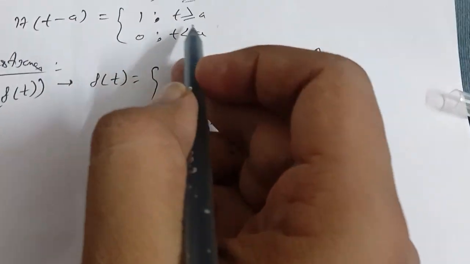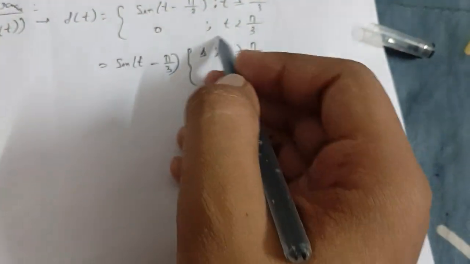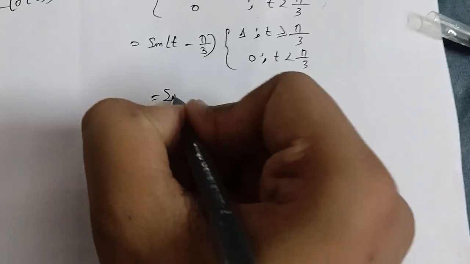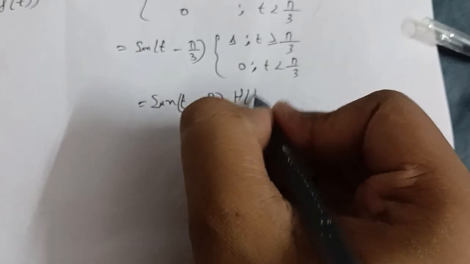So the function is sine of t minus pi by 3 times h of t minus pi by 3. Sorry for my bad handwriting, but I know you understand it because I am telling you as I write. So we have to take the Laplace of this.